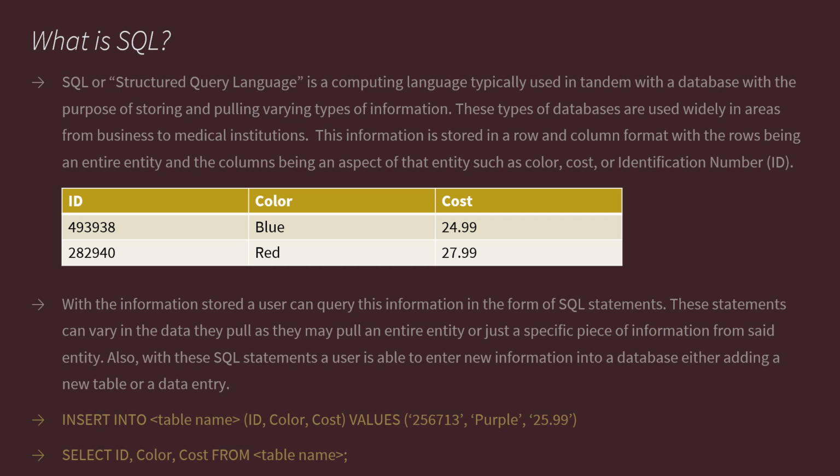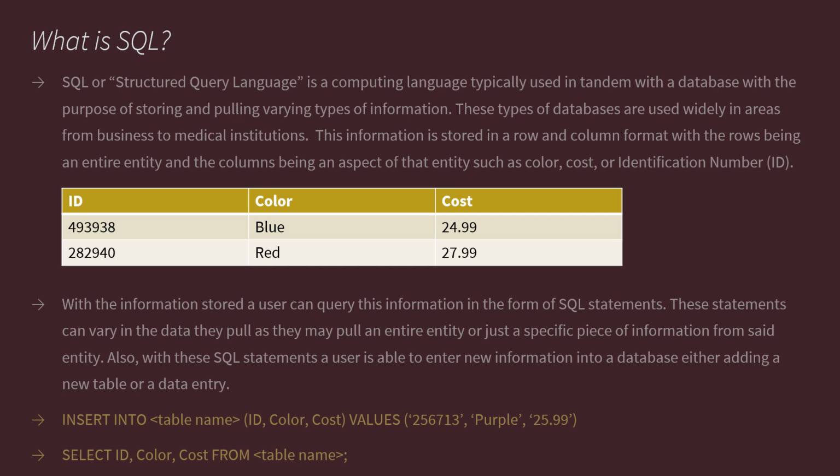The information stored in an SQL database is in a row and column format, with the rows being an entire entity or entry into the database, and the columns being an aspect of an entity or category of the table. These types of information can be anywhere from color, cost, identification number, or really any kind of information you want to store in a database.